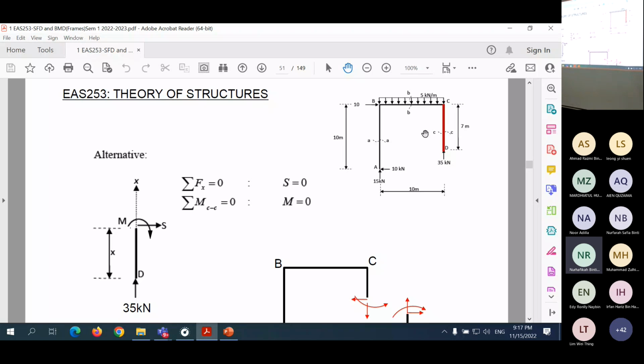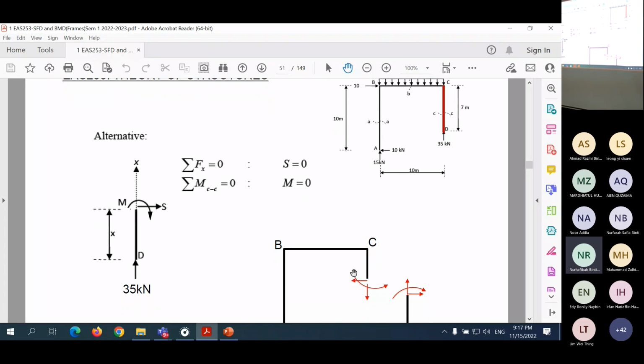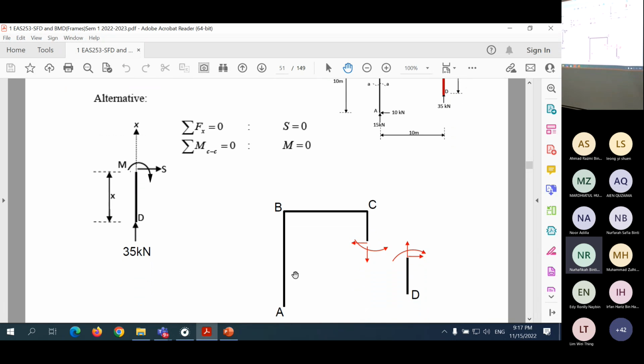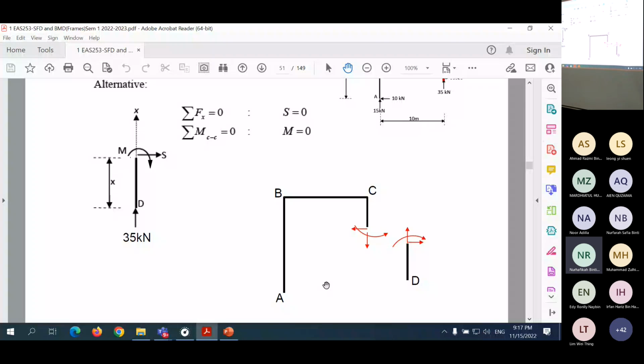Now, we have an option. When you cut here, you have two free body diagrams. Just now we used this one, and these are the positive axial, positive shear, and positive bending moment. We can also use the other part, which is simpler. The free body diagram becomes simpler, but the positive directions of axial force, shear force, and bending moment are in this way.